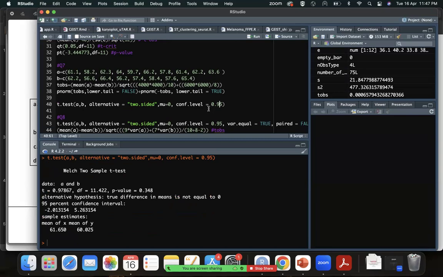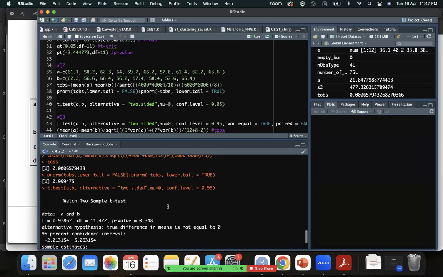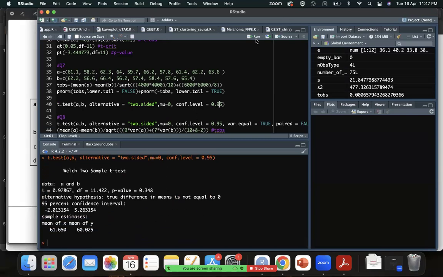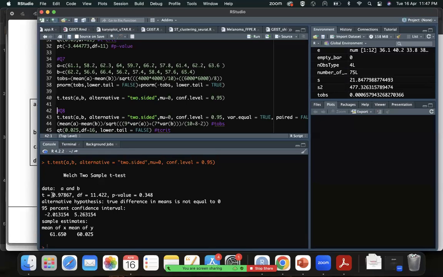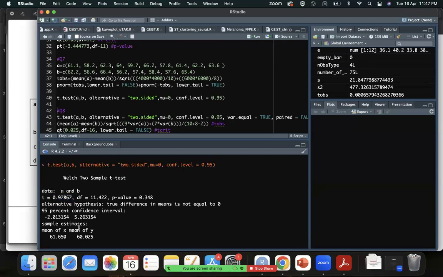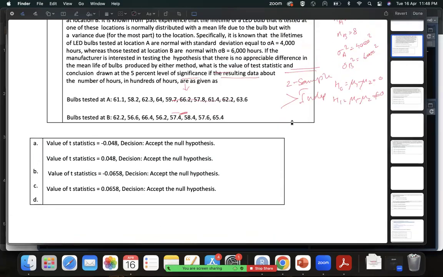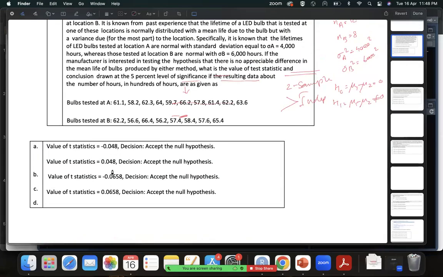This should give you the answer. 0.97. There's something wrong with this. I think I've made some mistake. I'm not getting any of these values.